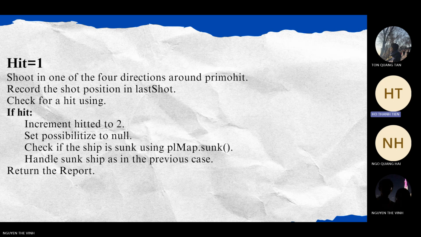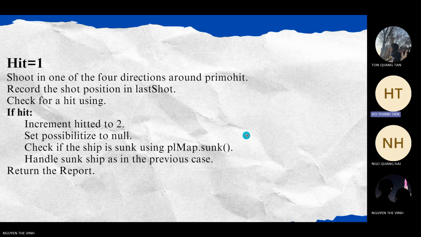Record the shot position in lastShot and check if it is a hit or not. If it continues to hit, the counter will increase to 2 and reset the possibility to null, since at this point we will already have the direction of the ship. After that, it will handle it as the previous case and return the status to the report.